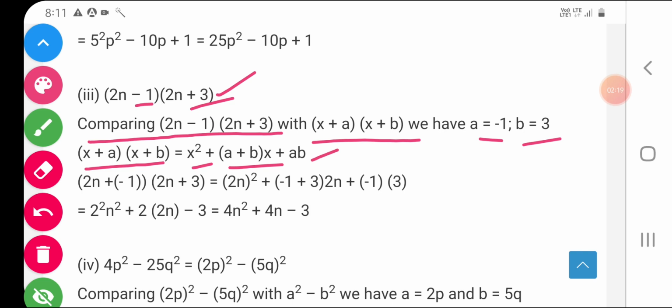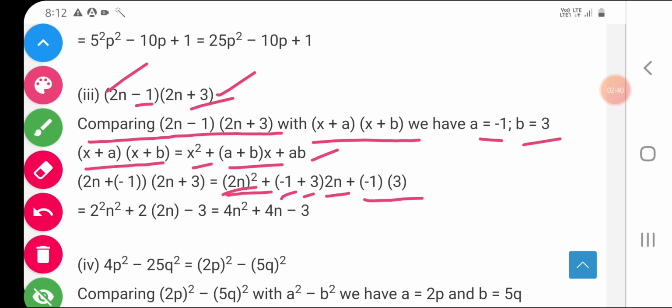Now we have to substitute these values in the formula. X square is nothing but (2n) the whole square, plus (a plus b), a is minus 1 plus b is 3. So (minus 1 plus 3) into x, that is 2n, plus a into b, minus 1 into 3.